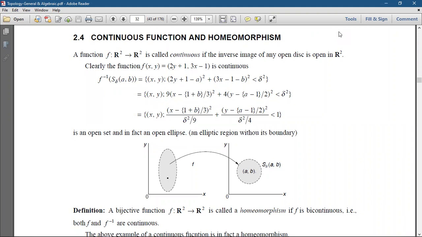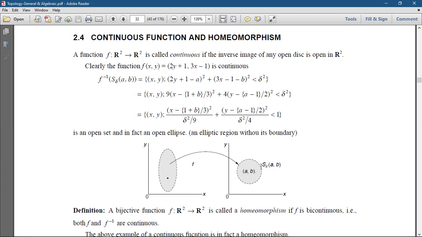That means when we construct a function f from R square to R square, we say that this function is continuous if the inverse image of any open disk is open in R square.